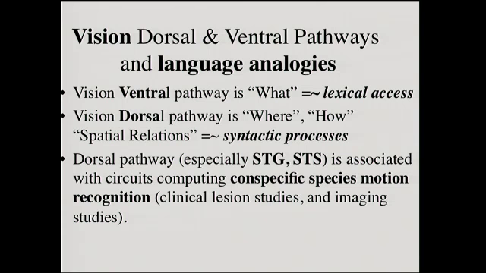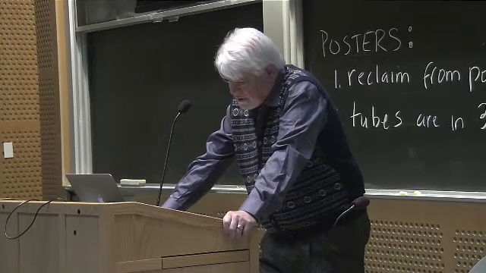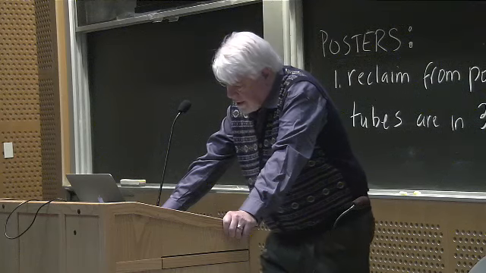If we look at the dorsal and ventral pathways in vision, the dorsal pathway, which is the important one here for our purposes, is roughly the pathway related to processing the where information, the how, the spatial relations.